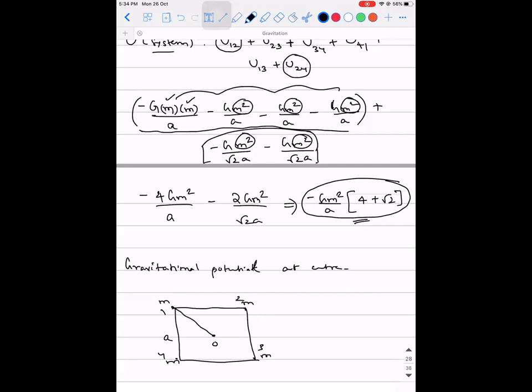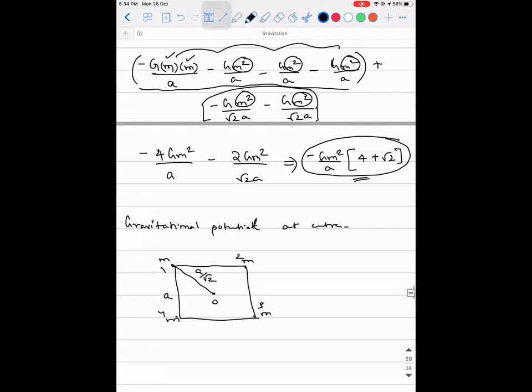Root 2a by 2. That is A by root 2. Right? This is half of the length of the diagonal. That's right. Root 2a by 2, or you can write it as A by root 2. So the total potential of the system will be equal to potential due to the first mass plus potential due to second plus potential due to third and potential due to the fourth mass.